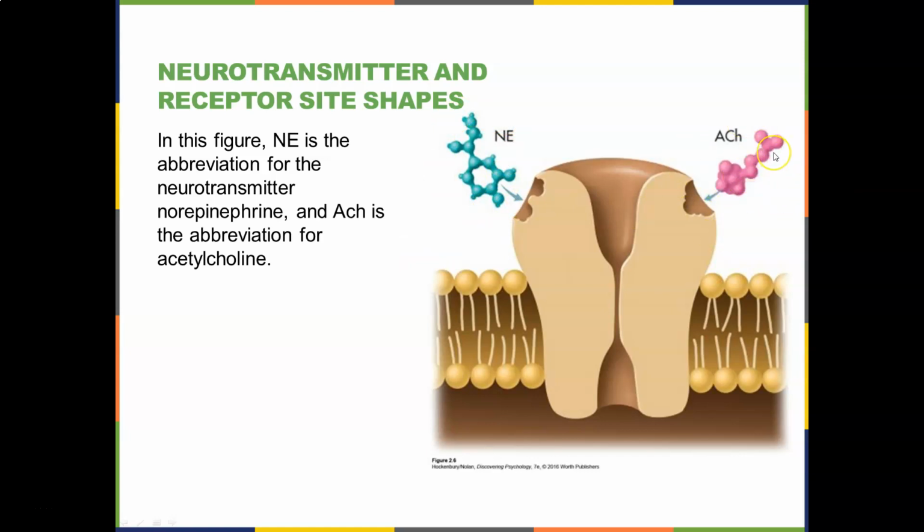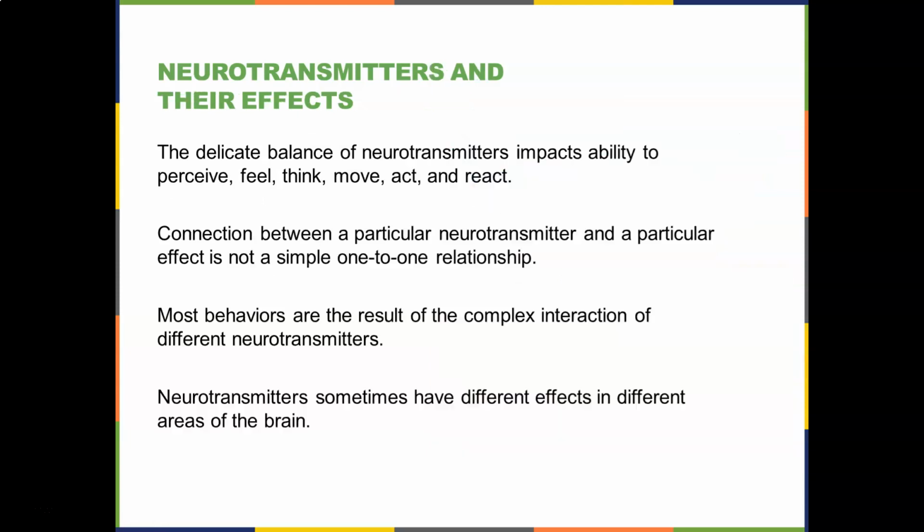They fit into the receptor sites like a key going into a lock. Take for instance this neurotransmitter, which would not fit in this receptor. So they have to match like a lock and a key. That's the only thing you really need to know from this diagram.